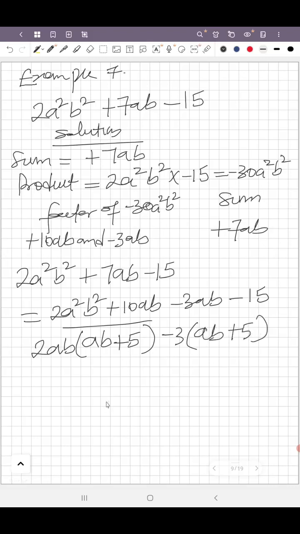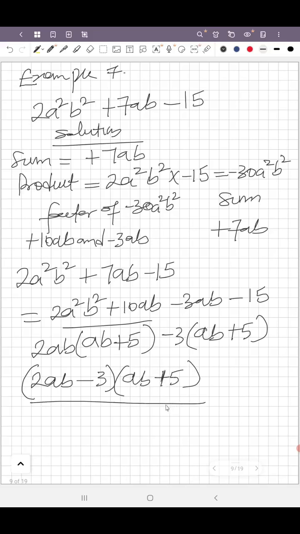So if these are the two common, automatically we have 2ab minus 3. This is one factor. Another factor is ab plus 5. This is how to factorize this.